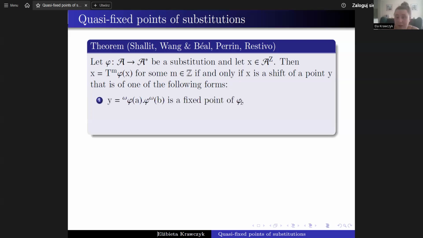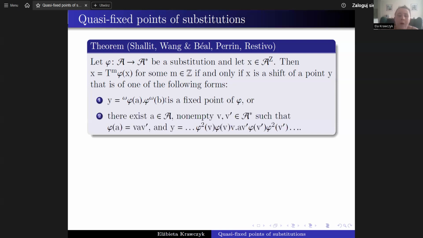Either it is just a fixed point of phi, or there exists some letter a and some non-empty words v, v prime, such that I can write phi as v a v prime, and in the same way we saw before, I can just iterate this phi to get my two-sided sequence.